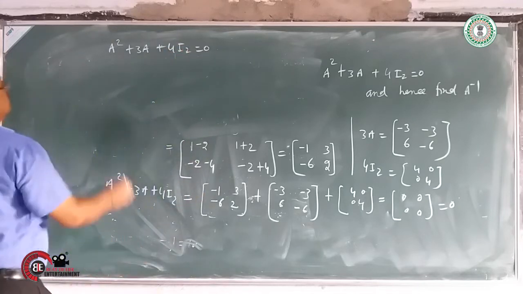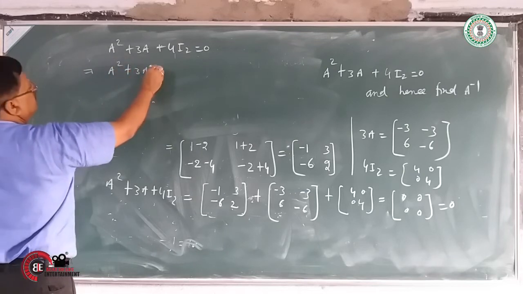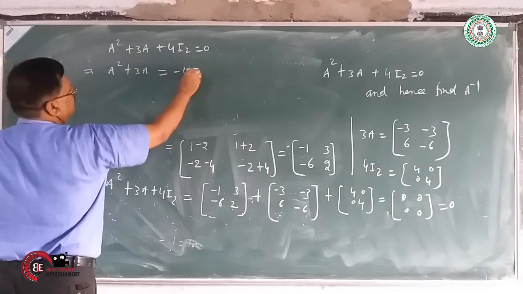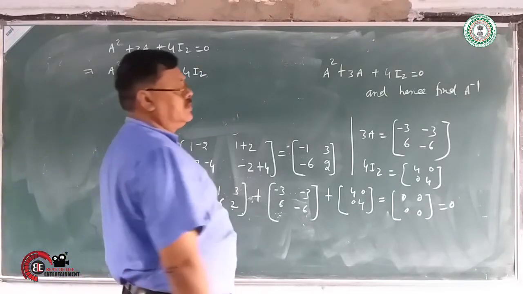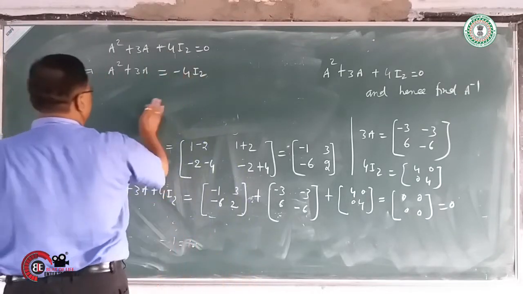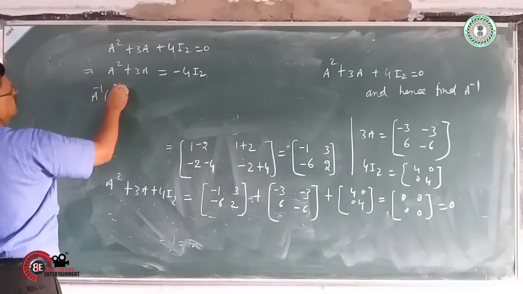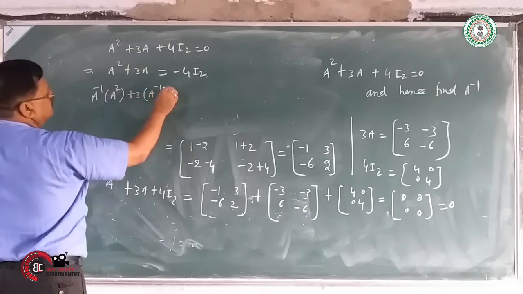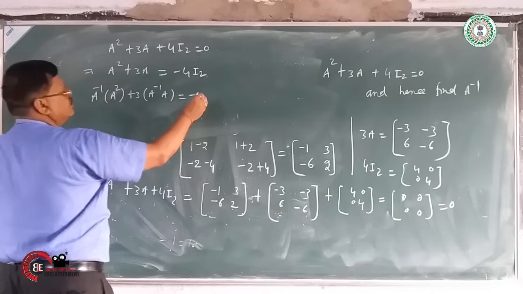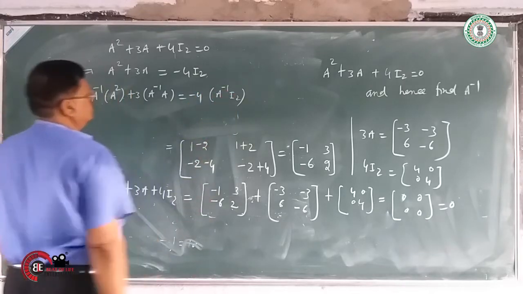So we write A square plus 3A plus 4I2, then we multiply with A inverse. A inverse A square plus 3 A inverse A plus 4 A inverse I2.